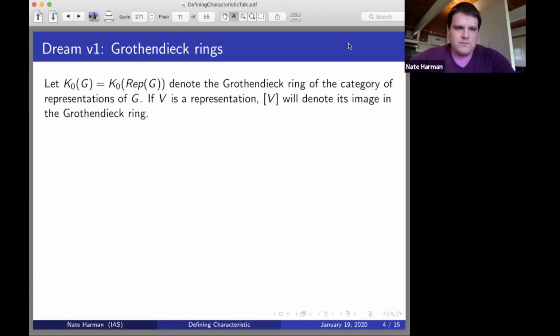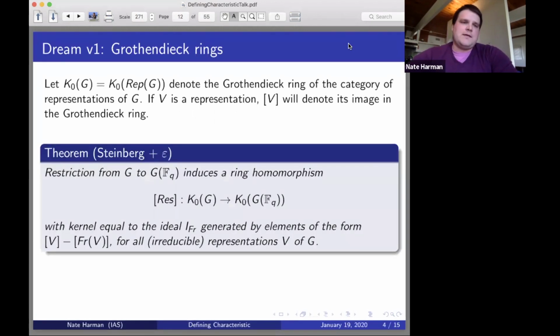But okay, so what's a reasonable thing to expect on the level of Grothendieck rings? Well, here's the statement.